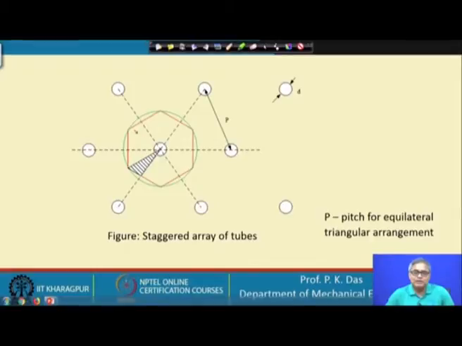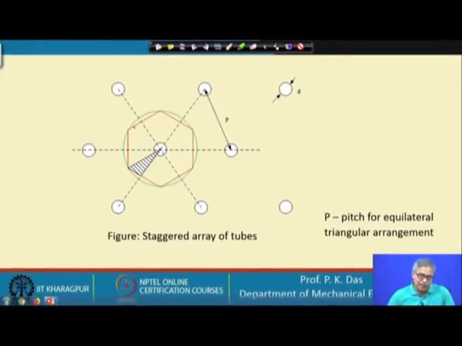When we are having this kind of staggered arrangement, the integral fin plate presents a picture where there are tubes and each tube is surrounded by hexagonal fins. And again, as I have told in the previous case, these surfaces, let us say this surface or this surface, are adiabatic surfaces. But in any case, we do not know how to analyze a hexagonal fin. So, what will we do?